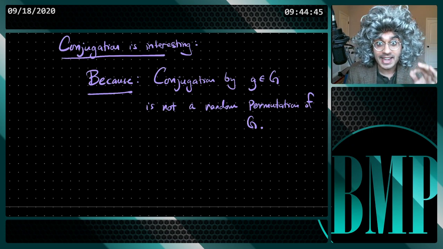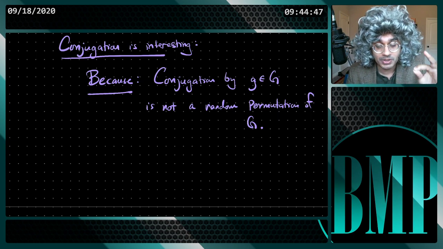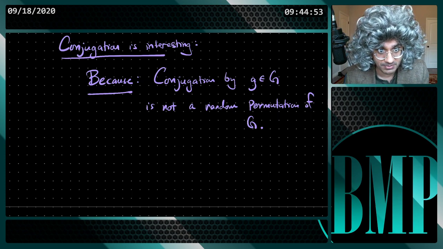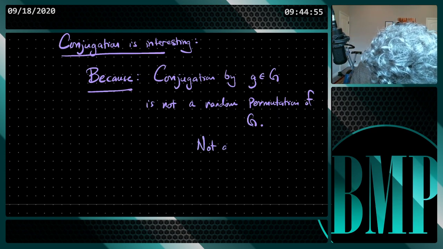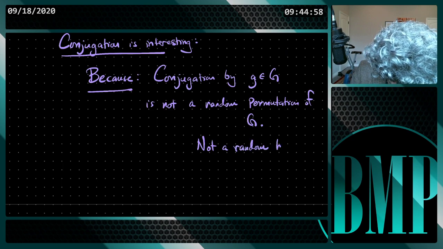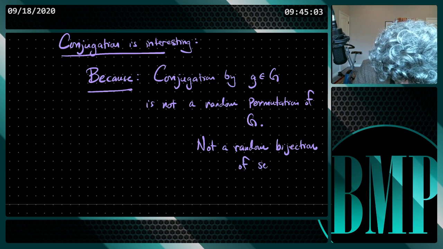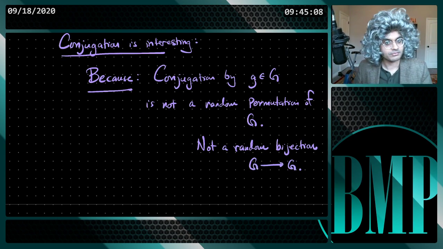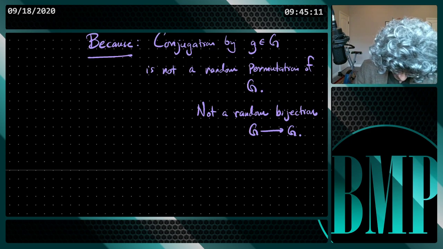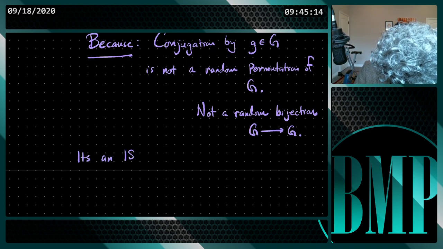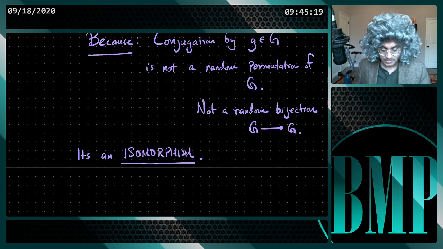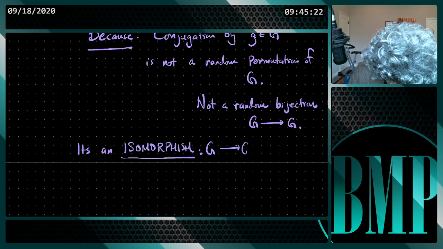It's actually an isomorphism from the group to itself. An isomorphism, not just a random bijection from G to itself. It's an isomorphism of the group G to itself.